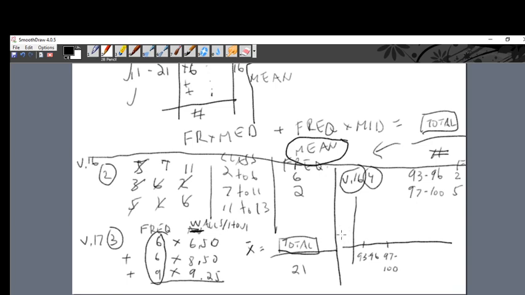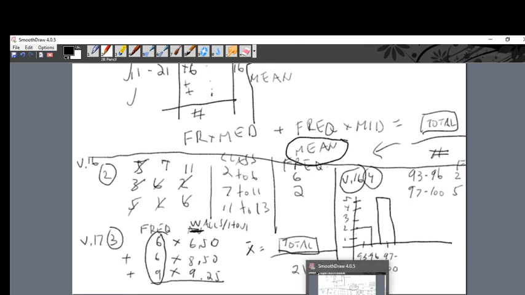And over here on this side, you'll have the frequency 3, 4, 5, etc. So 93 to 96 goes up to the 2, and the 97 goes up to the 5, and it could look like this, it doesn't have to go all the way, but you can tell we've talked about that in video 16, what a histogram should look like. Okay, so that ends this video number 2, taking care of those problems. Let me put this out.